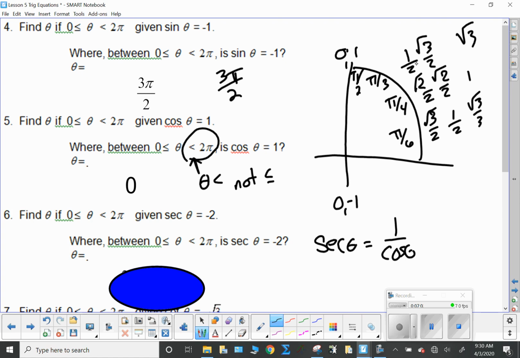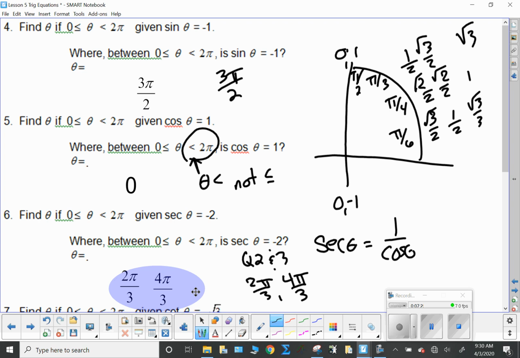I'm looking at -2, so that means I'm in quadrants 2 and 3. So I'm in quadrants 2 and 3, and I am in the pi/3 family, which would give me 2 pi/3 and 4 pi/3. Okay.